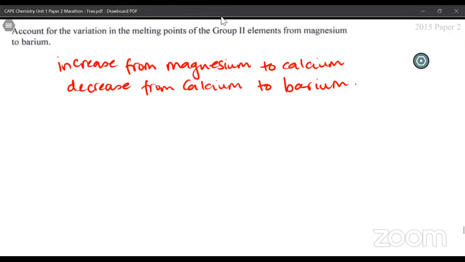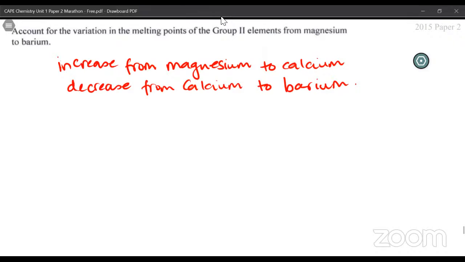All right. So as the atomic or the ionic radii increase down the group, you will see that there is less attraction between the ions and the delocalized electrons, and thus the melting point would decrease, right? And you will also find that there is less energy that you would actually require to melt the metal. All right, so let's look at this trend.